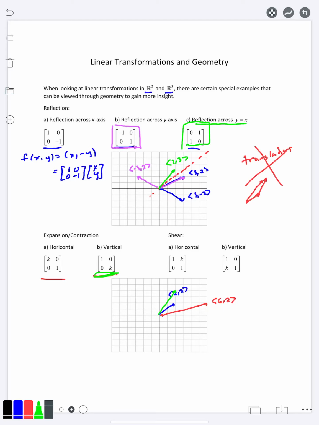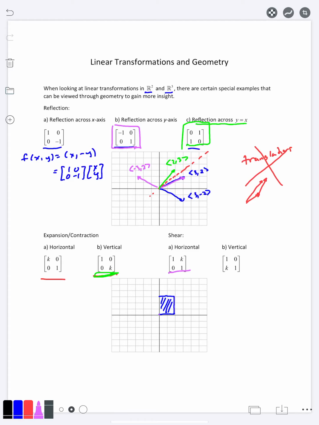Now shear, it's a little bit easier to tell what shear is when you look at a whole shape rather than an individual vector. So let's suppose I start out with this rectangle here, and you apply, let's say, a horizontal shear to that. What that means is you're going to shift your x-coordinate out further based on what your y is.